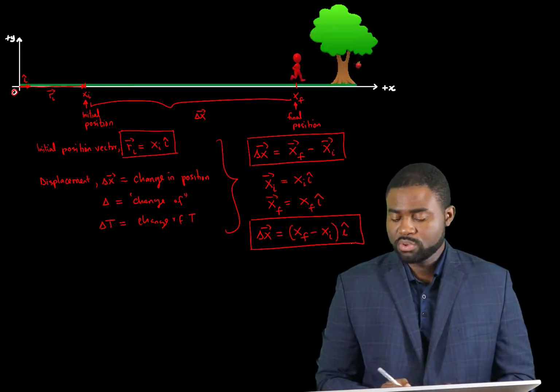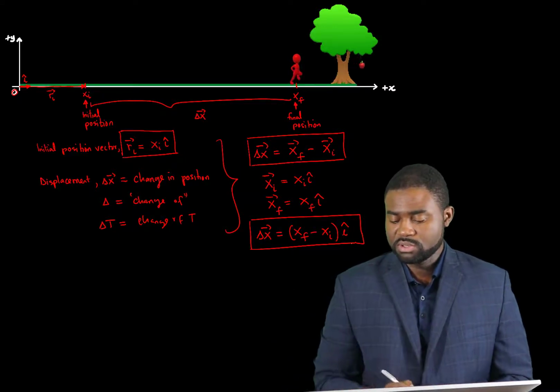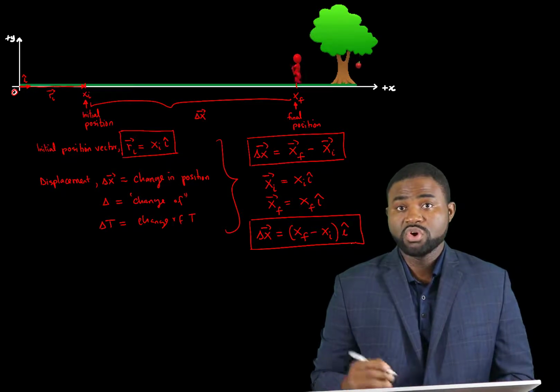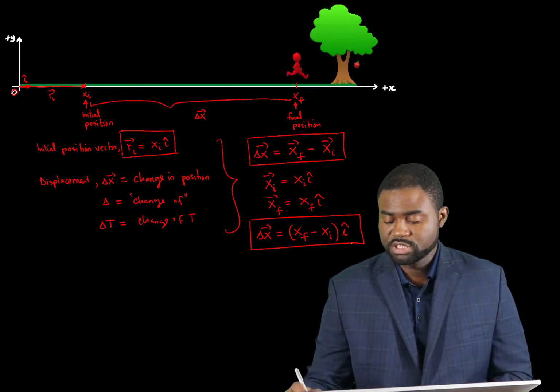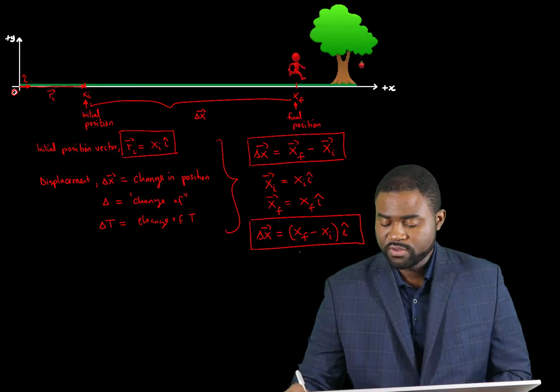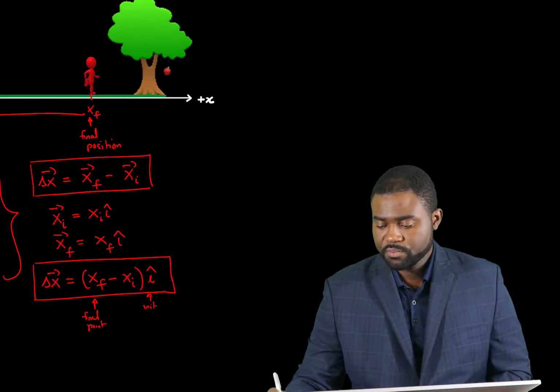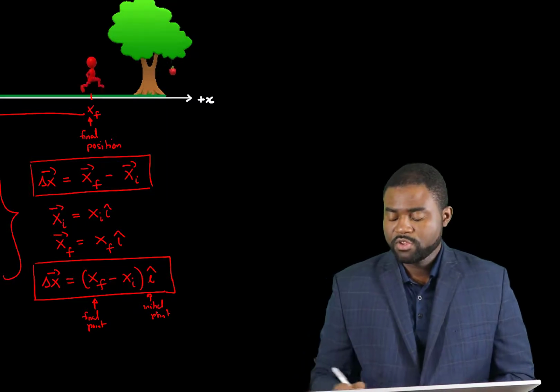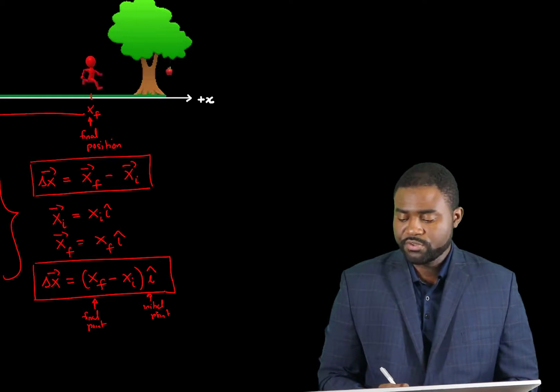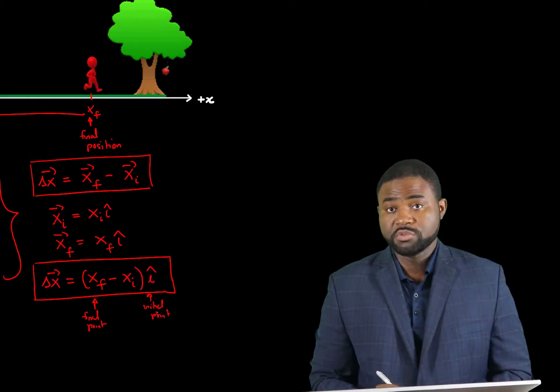The most important thing that you need to take note about displacement is, when you observe this definition, you realize that the displacement of an object depends only on the final point and the initial point.